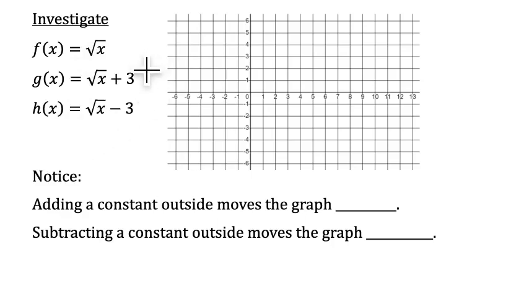Let's take a moment to investigate what happens to the parent graph when we add or subtract a constant after the square root sign. So here we have the parent graph. And here we have the graph of y equals the square root of x plus 3. And here we have the graph of y equals the square root of x minus 3.